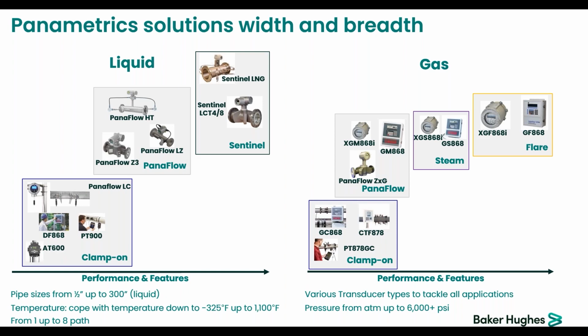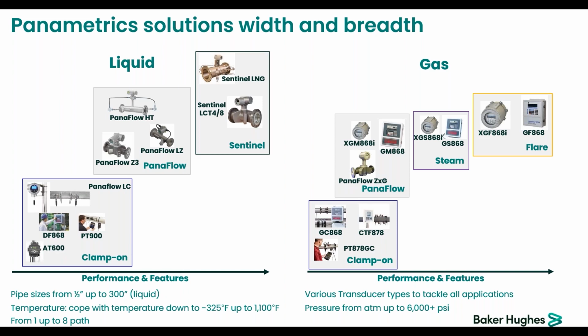From a temperature standpoint, we can handle cryogenics. So we have a lot of applications on LNG, for instance, which is the transition fuel that the world is using for probably the next 2 to 3 decades before we move to full sustainable energy. And the meters can use from 1 path up to 8 paths to increase the accuracy, performance, and repeatability.